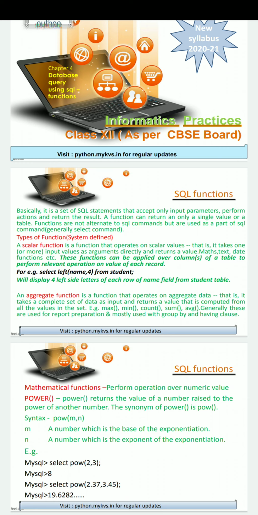It performs operation over all the values and returns the result in combined form. For example, the sum function: if we write select sum, and then in brackets pass the column name from the table name, in that case the sum function will sum up all the values of that particular column mentioned. So the basic difference between these two types of function I have explained.